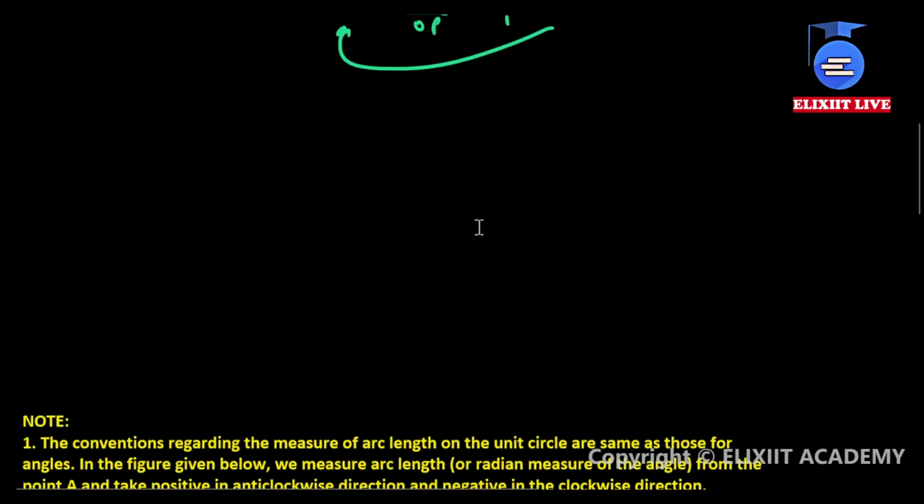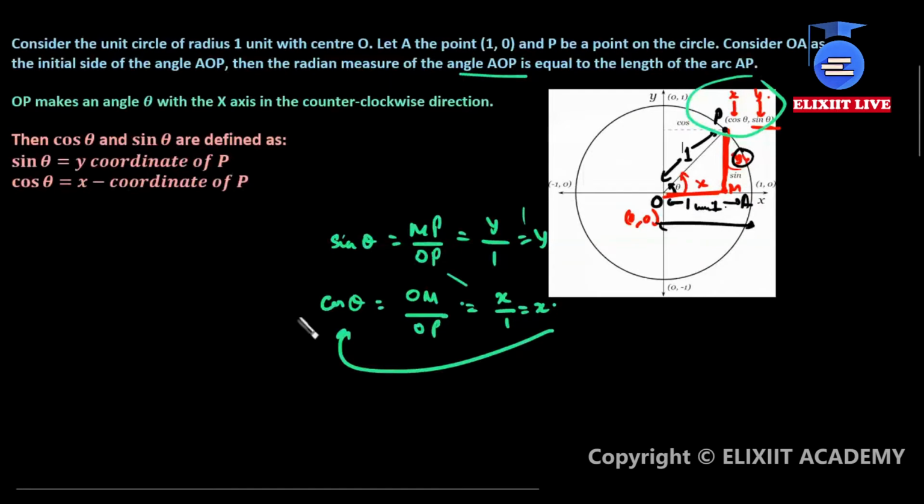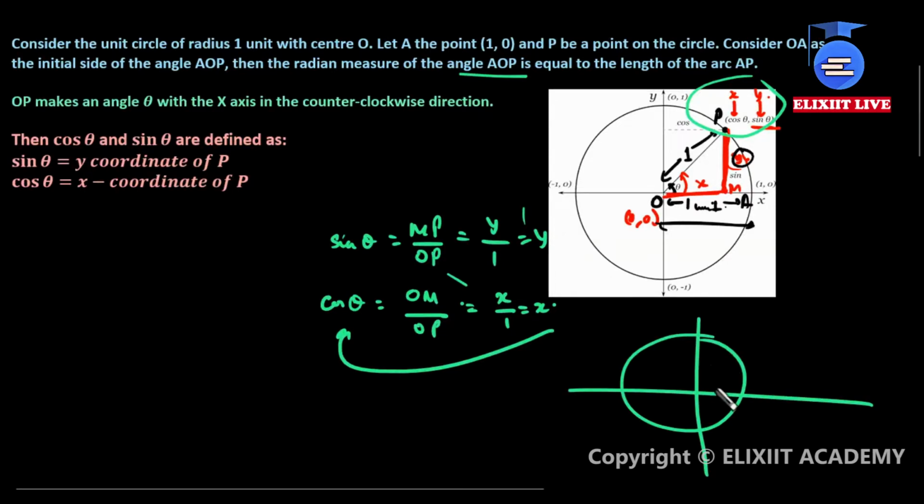I'll show you a few more points. You will see from here, just see this diagram. If we consider this unit circle once again, cos 90 is what? 0. All of you know this. Cos 90 is 0, sin 90 is 1. Why are we getting this?